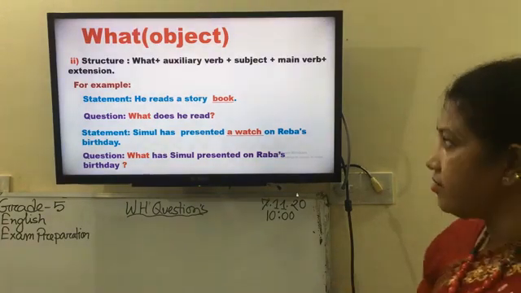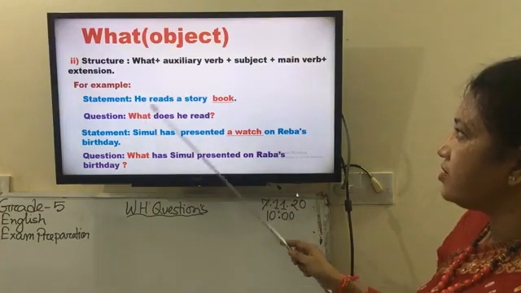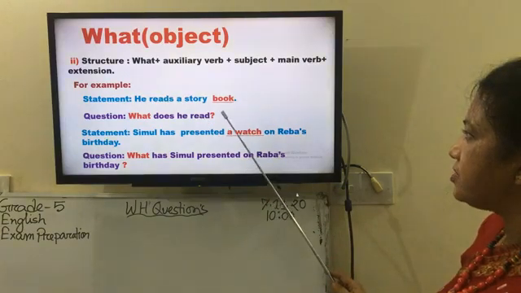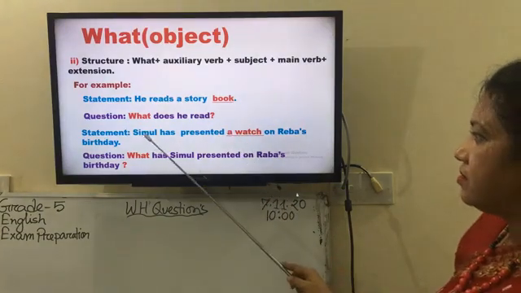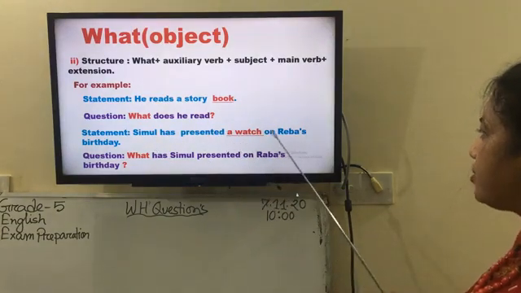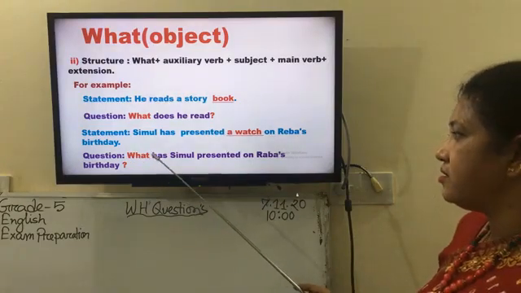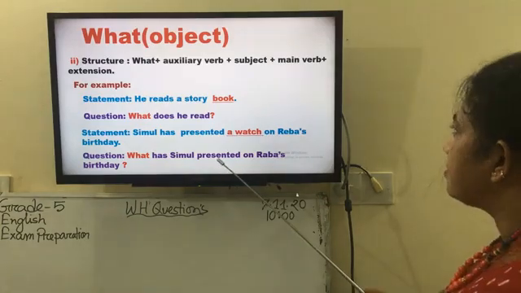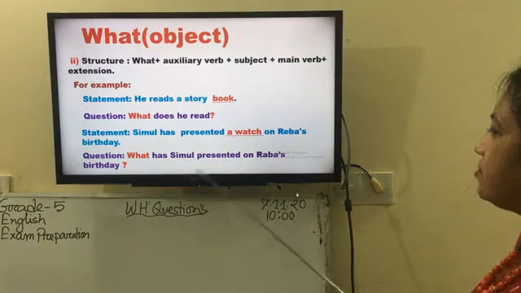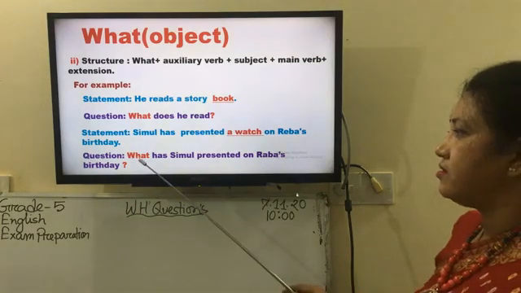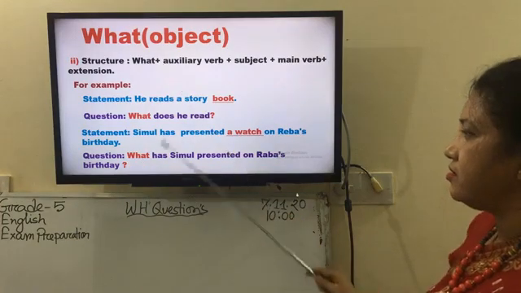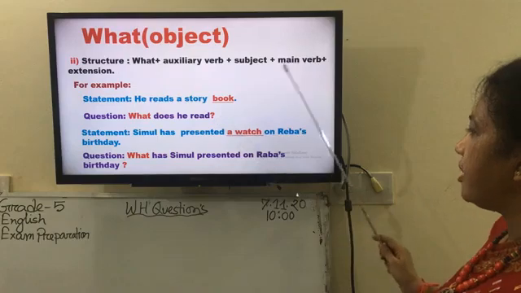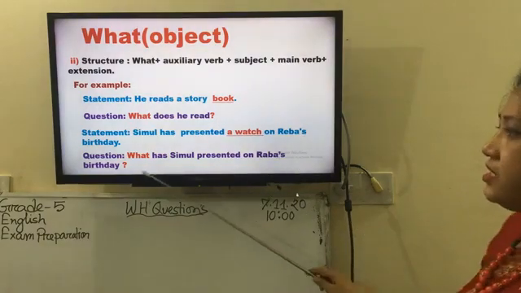So you can see what plus auxiliary verb plus subject plus main verb. Here is no extension. Shimul has presented a watch on Reba's birthday. What plus auxiliary verb plus subject plus main verb plus extension.